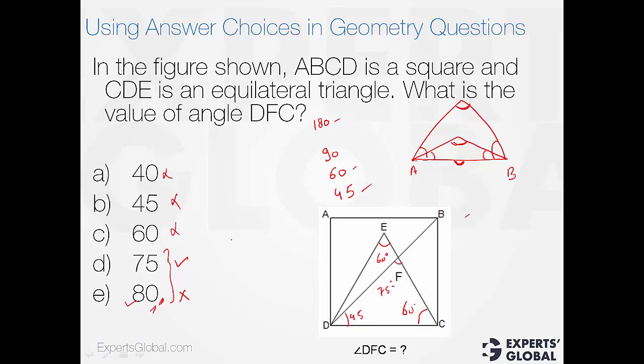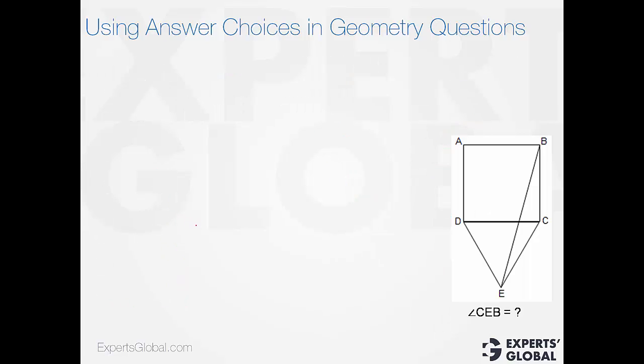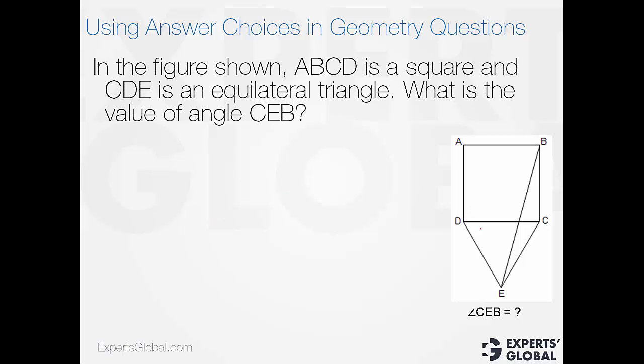When I was taking my tests, I would very often apply these shortcuts before I would actually go about solving the questions, if the options just look completely wayward. Take one more example. This is a square, this is an equilateral triangle. The question is asking this angle. And these are the answer choices.